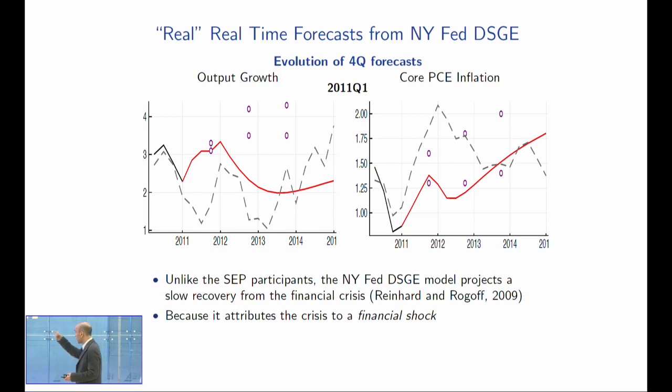In fact, if you look at the left-hand side plot, here I'm plotting the data that we had at the time in black, the future data dashed, which we did not have when we produced the forecast, of course. And then the purple circles are the median tendency of the Summary of Economic Projections, and the red is the DSGE forecast.